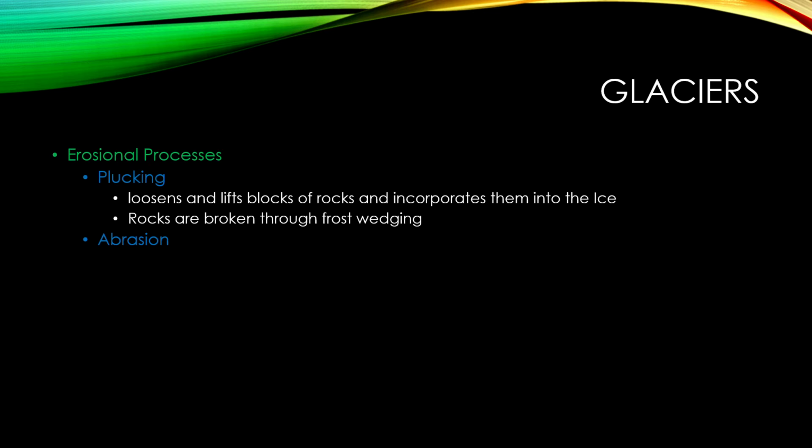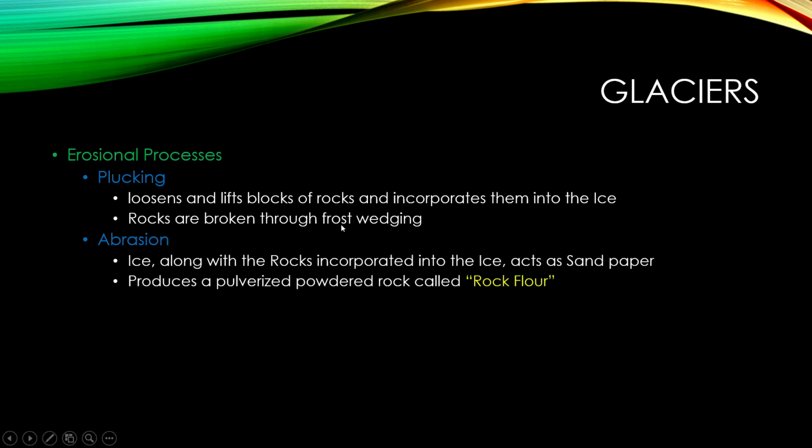These are fractured or jointed rocks which were part of the bedrock, and then they were plucked out of the glacier. And then next we have abrasion, where the ice acts as sandpaper, and the surface of the rock is pulverized and powdered, and this is actually called rock flour.